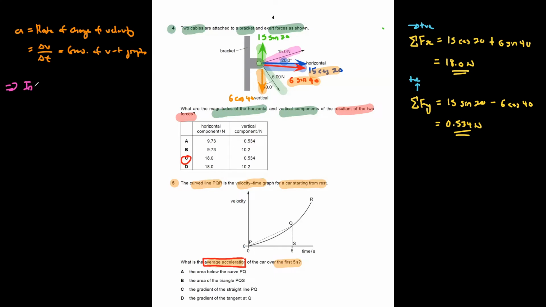If you're talking about instantaneous acceleration, which is usually at a point, you would take the gradient of the tangent at that point.